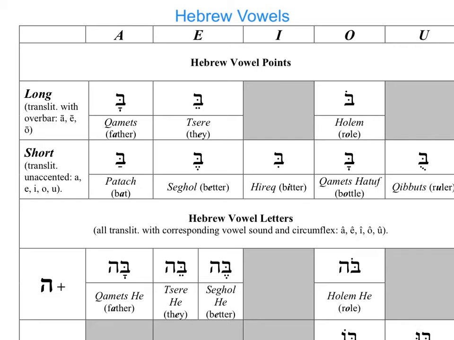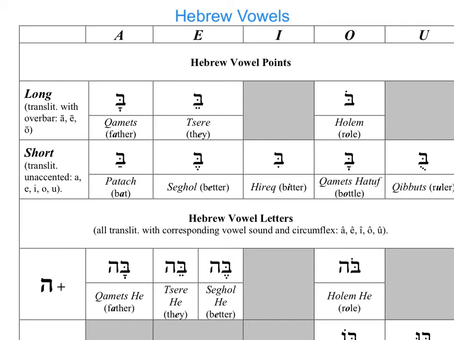And we have a shorter A sound there, like the English word bat. So to accentuate that with our Hebrew sound, with our bet, would be ba. Ba, ba. Father, bat. So you can hear the difference there. They're both A sounds, but they have a differing length, either a long or a short sound.